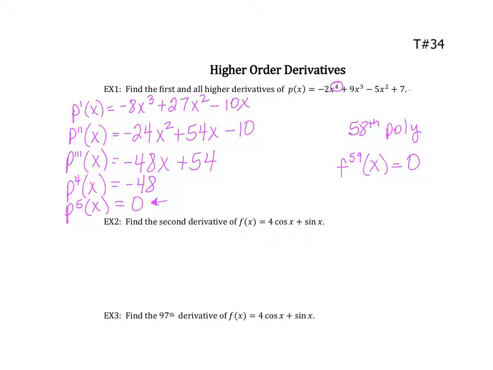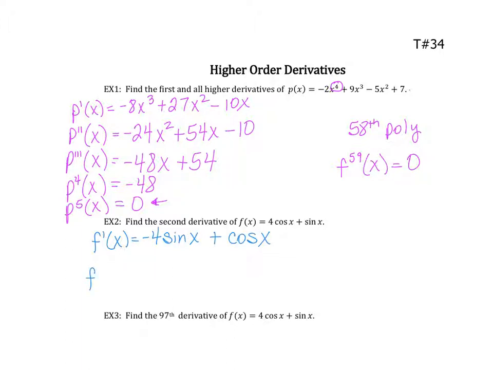So you can just keep finding the derivatives of derivatives. So if the question says, looking at the second example, find the second derivative of f of x, well, you just say, all right, I'm going to have to find the first derivative first. So the derivative of 4 cosine is negative 4 sine. The derivative of sine is cosine. There's my first derivative.